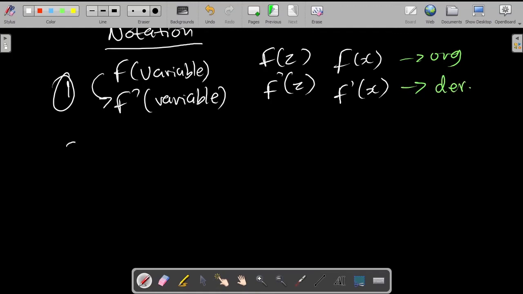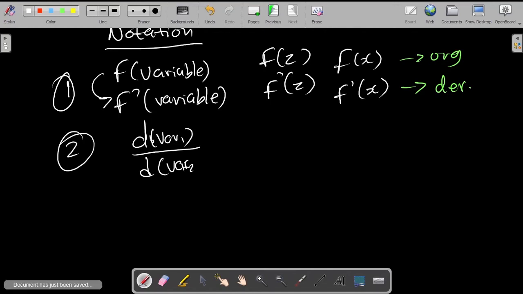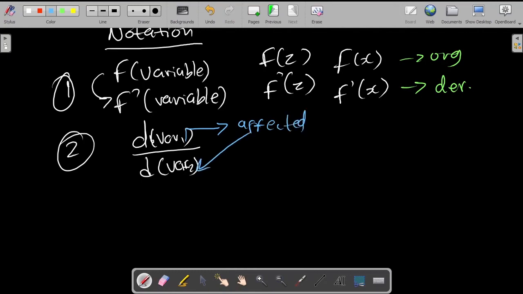And now moving on to the second type of notation, if you have d variable 1 divided by d variable 2. Now variable 1 would be the variable which is affected by, or influenced by, variable 2. And this is what I mean by that. If you have y equals 2x plus 1, then you'd see that a change in this x basically affects y.